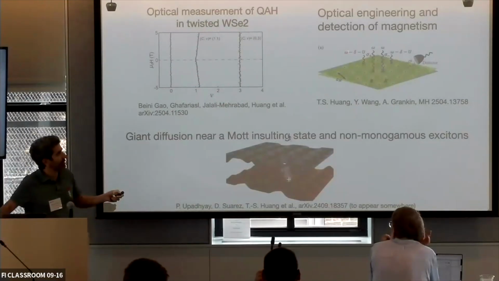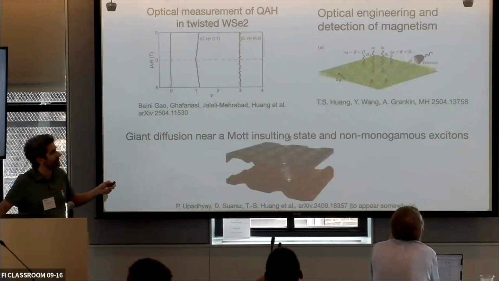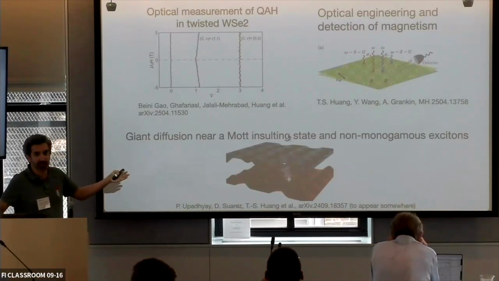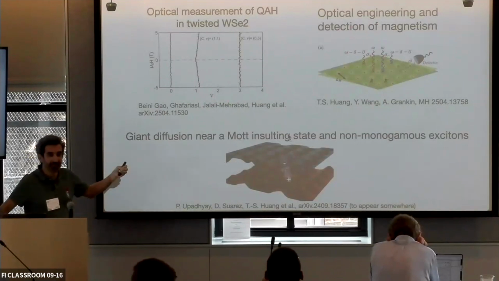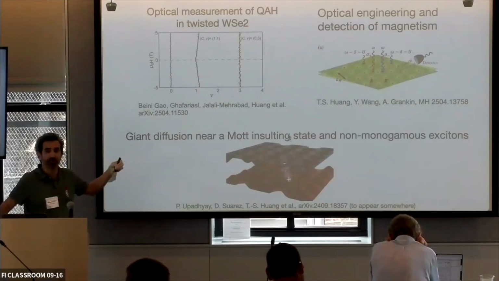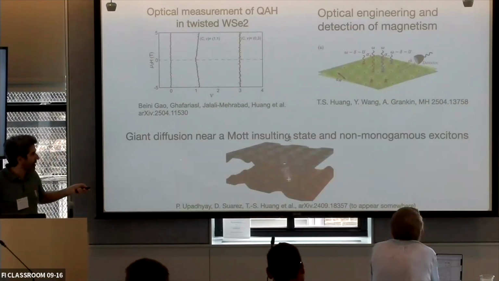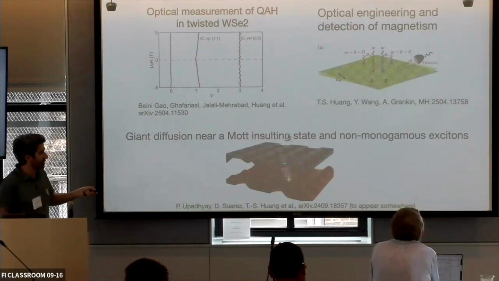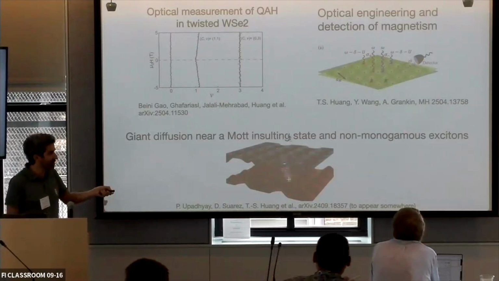This work is about how to use the similar kind of math that we used in the first part to drive the system, not just measure the underlying Heisenberg model created by the electronic structure of the system, but optically implement or induce a Heisenberg model. And the last part is about the non-monogamous nature of these excitons.